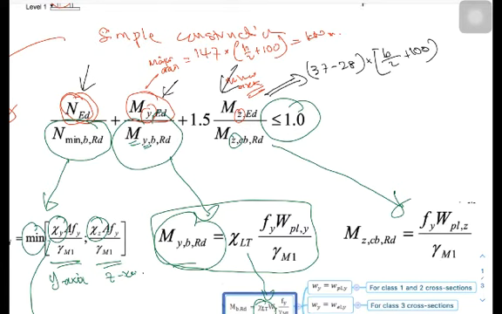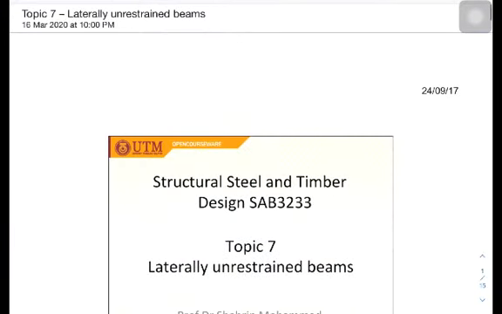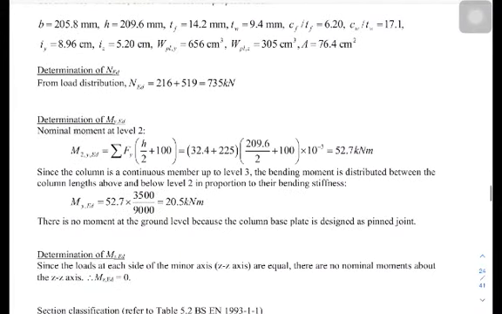Okay, then I'll go back to the example here. This is where I mentioned just now, the summation of the load from the top columns, from level 3 and level 2, and then this is how you find the value of MYED.